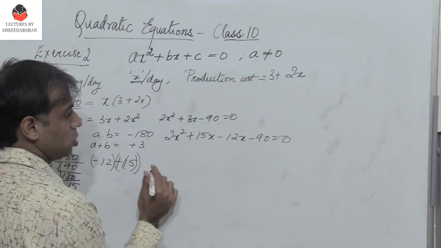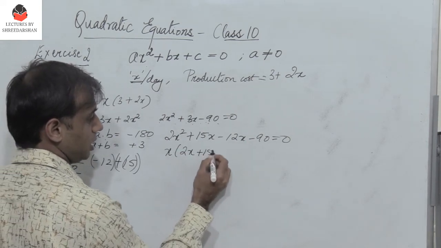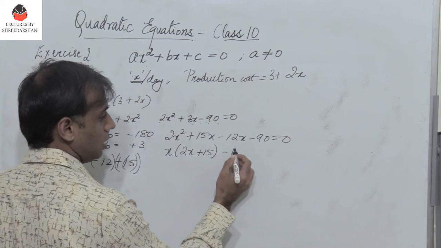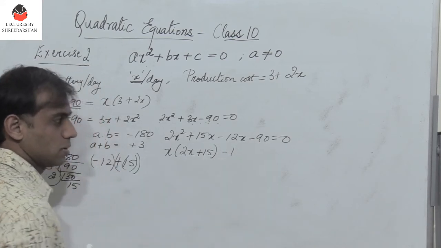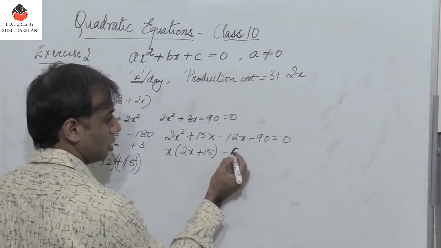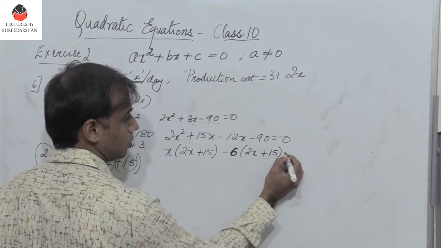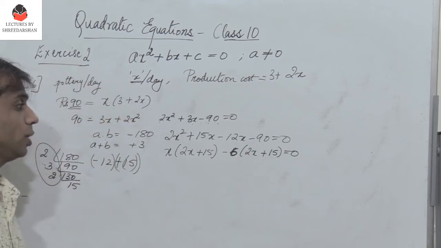So from these two expressions, let me take x common. So I get x into 2x plus 15. And from these two expressions, what can I take common? Let me take 6 common, because I need 2x plus 15 here.